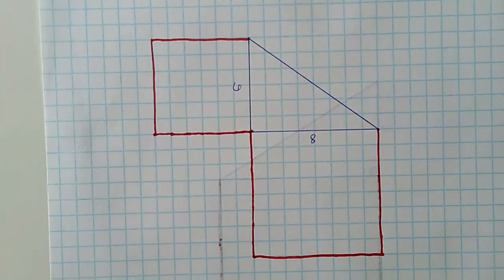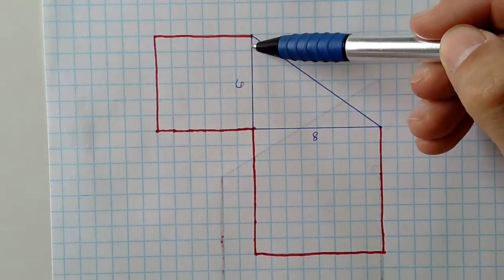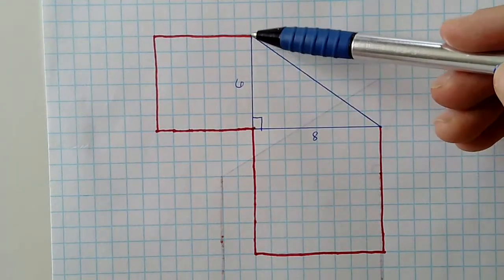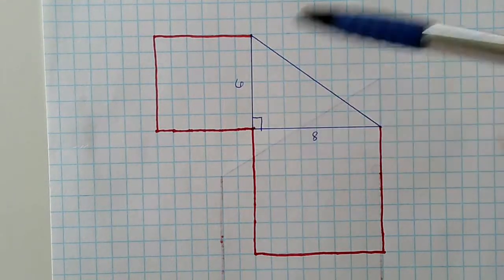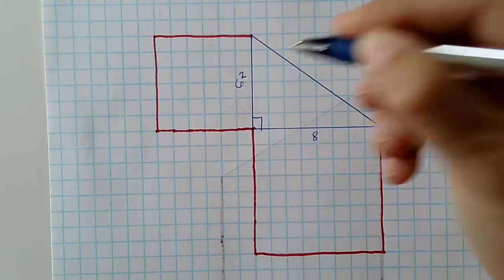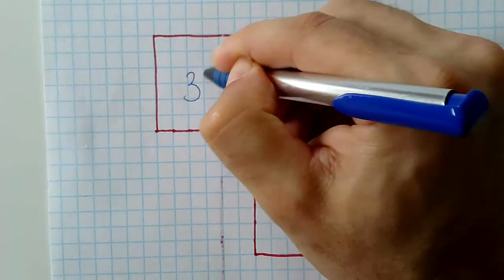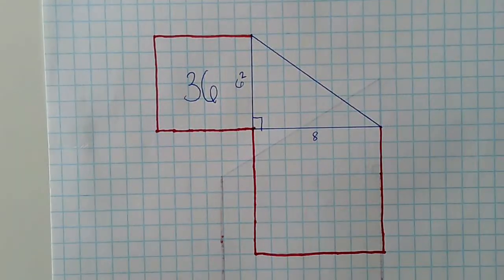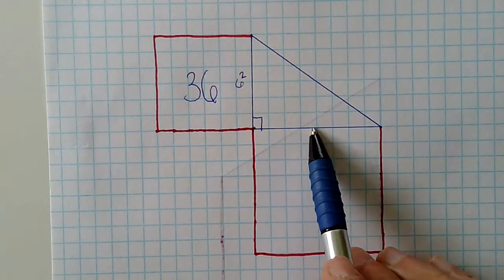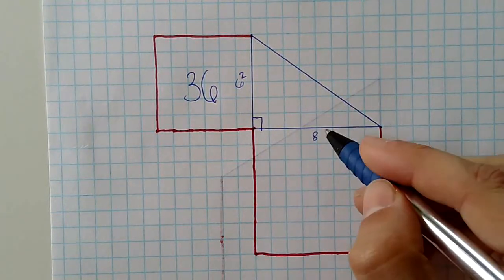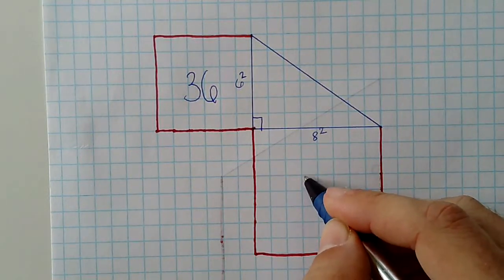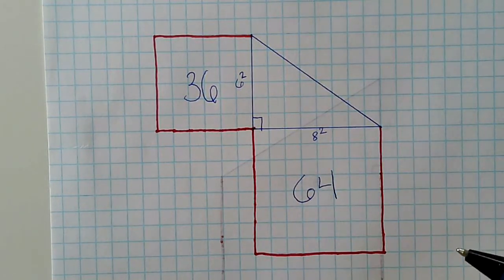Let's look at another right triangle. Same thing. I should put a little mark in there, right triangle. I have a side length of 6. So if I made a square off of it, 6 squared, I would get 36. And on the bottom I have a square with a length of 8. So 8 squared, 8 times 8, makes an area of 64.